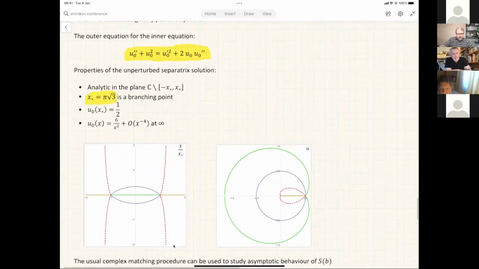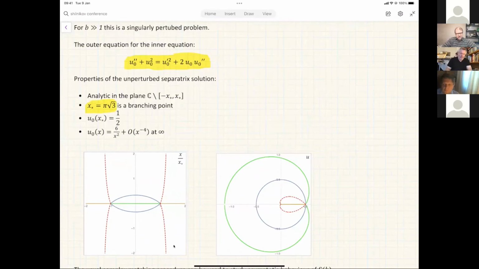The properties of the unperturbed separatrix are essentially the following: it can be shown that U0 is analytic on the whole plane with a cut marked here by the green line, and it maps the whole plane into the inside of this green curve.